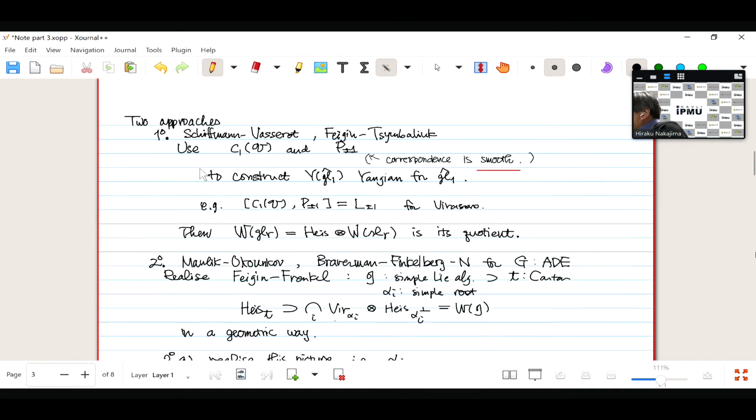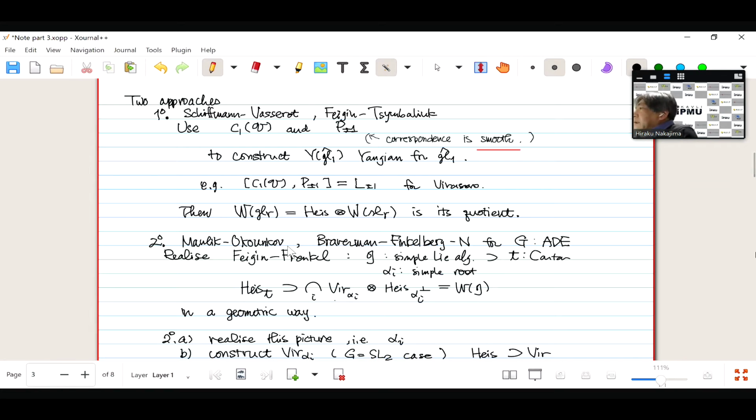But in this particular case, if you carefully look at the argument of Feigin-Frenkel, the argument can in fact be run over the polynomial ring. I simply said this is an inclusion, but more precisely, we first need to define everything over the polynomial ring and take the intersection over the polynomial ring carefully.